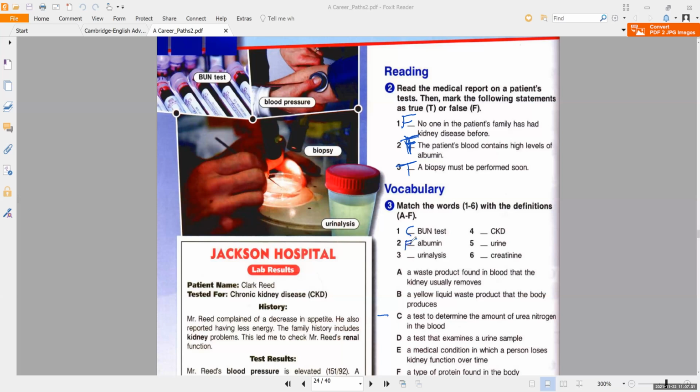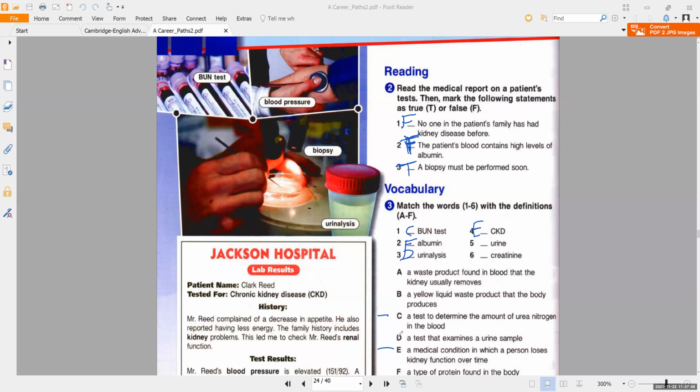It's a type of protein found in the body. Yes, urinalysis. Number 3 is D, a test that examines a urine sample. Yes, CKD is number E, a medical condition in which a person loses kidney function over time.